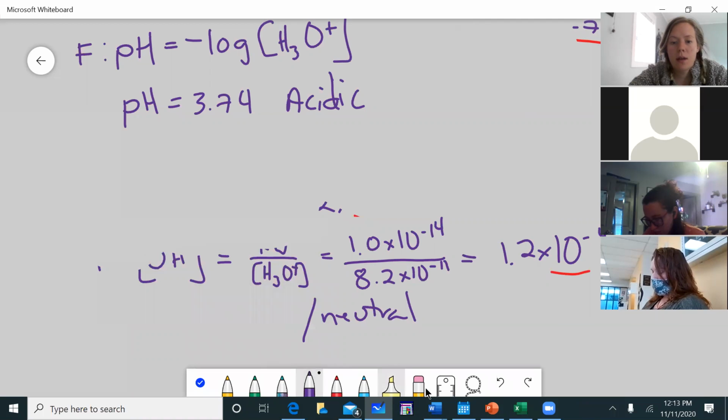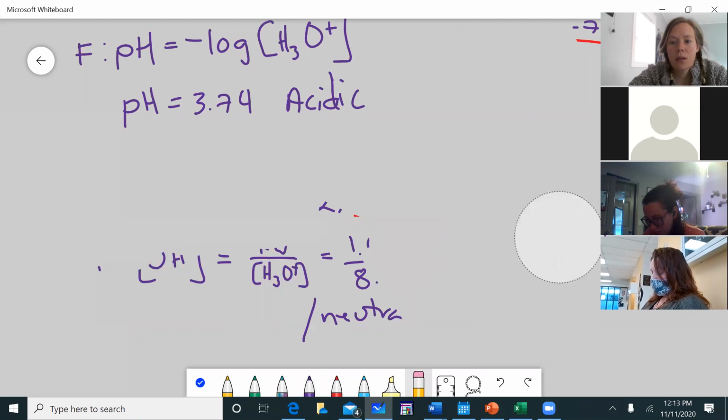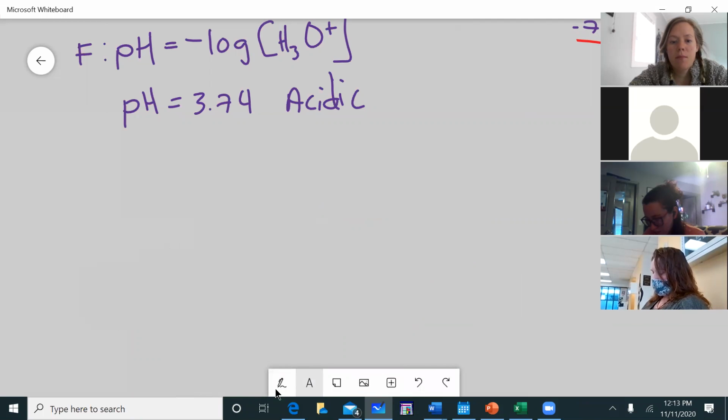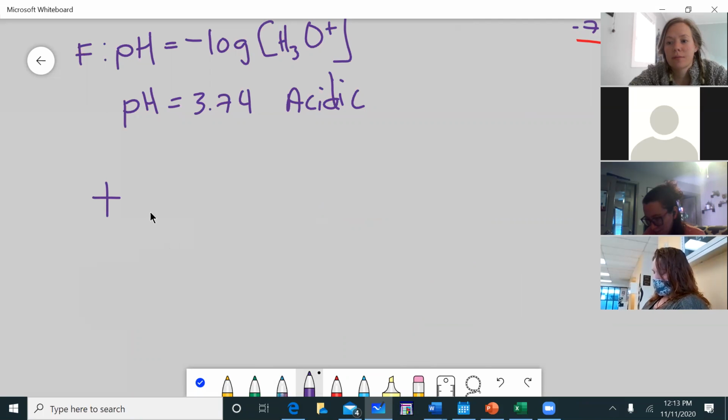This may seem like a silly question, but as far as math calculations are concerned, what's the opposite of addition? Subtraction, right? What's the opposite of multiplication? Division.